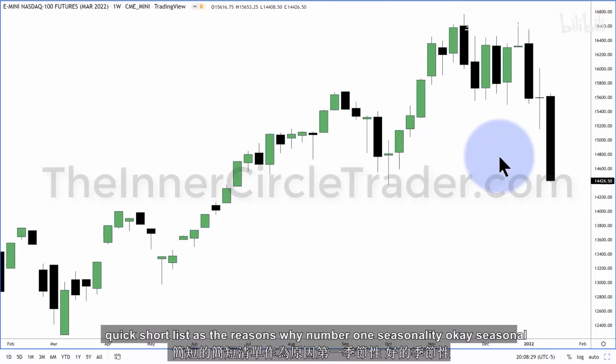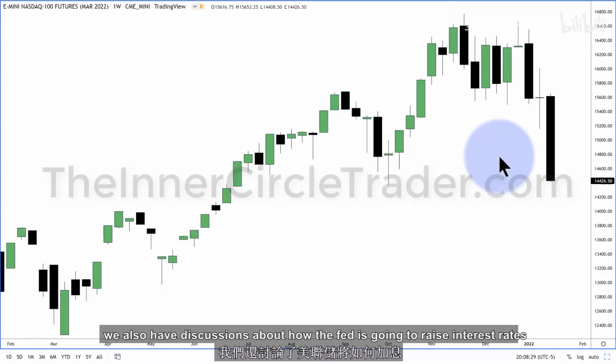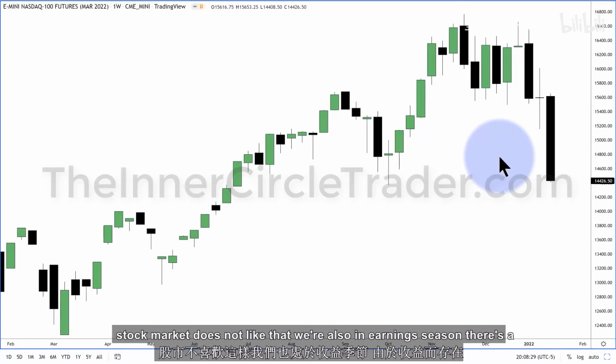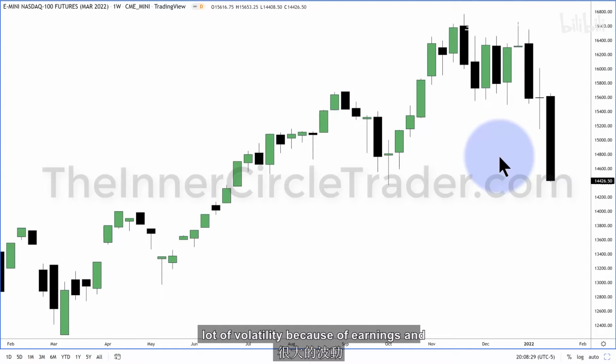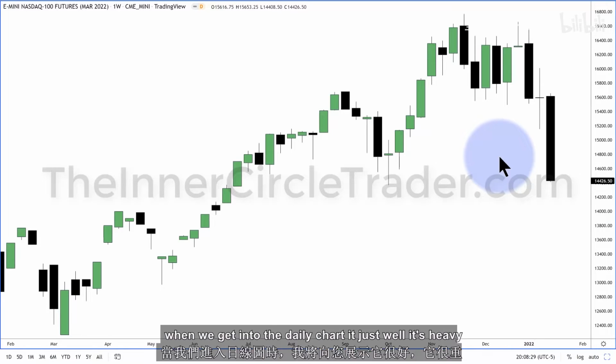Number one, seasonality. Seasonal tendencies, it tends to go down around this time anyway. We also have discussions about how the Fed's going to raise interest rates. The stock market does not like that. We're also in earnings season. There's a lot of volatility because of earnings, and those factors, plus the underlying tone of the marketplace, which I'll show you when we get into the daily chart, it just, well, it's heavy.